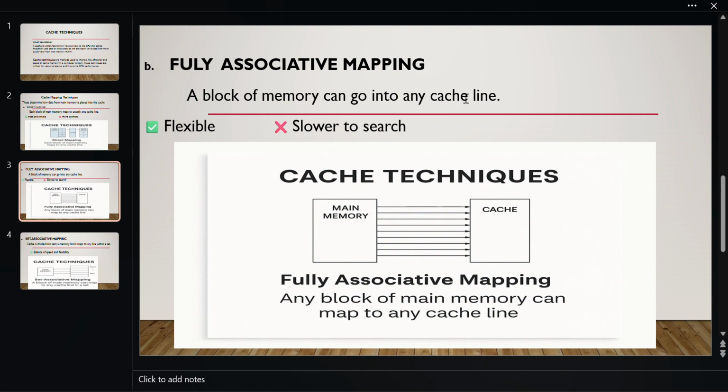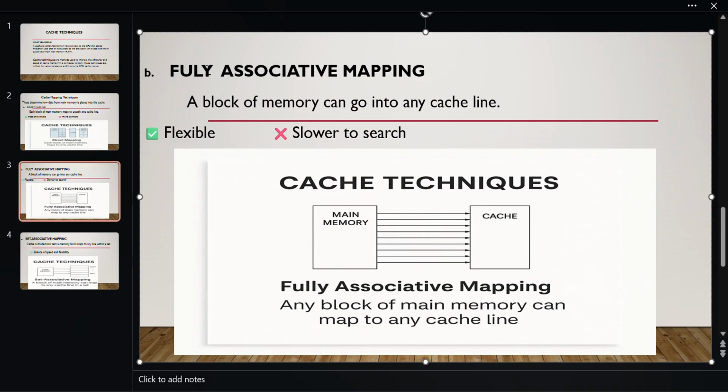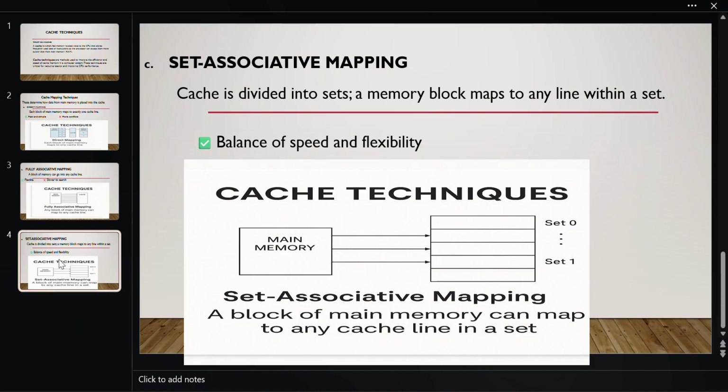Fully associative mapping is flexible but slow to search.